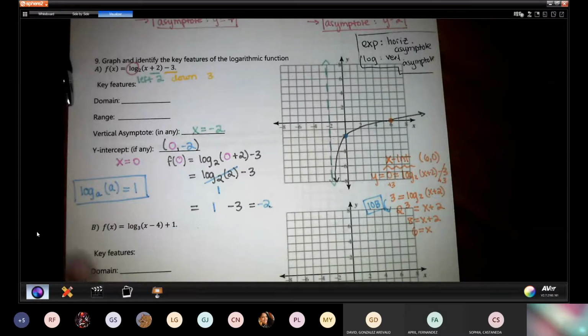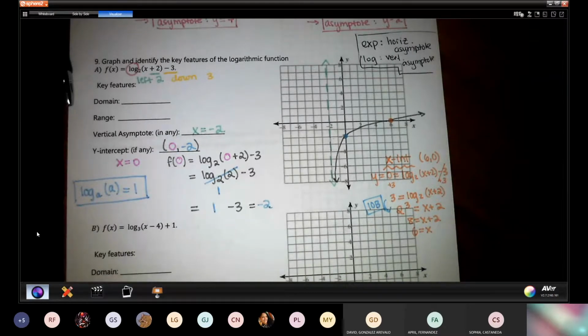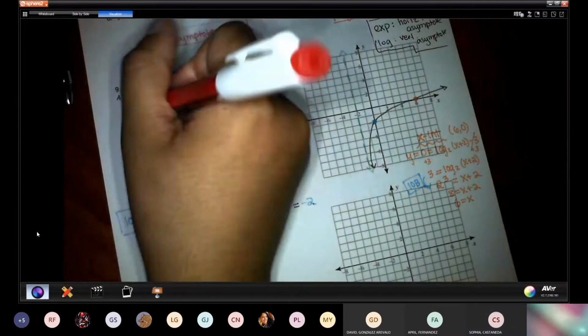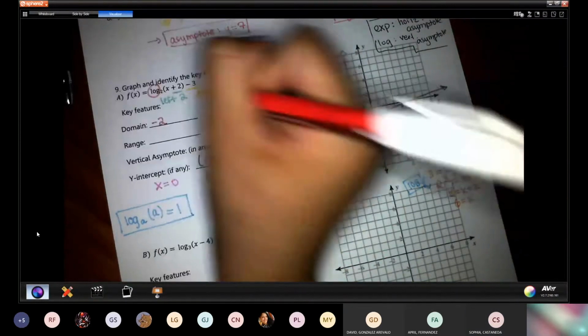Good. So from here, using this graph, let's do our domain. So what's our domain? What is our lowest x value? -2. Very good. All right, so -2. And does it ever touch -2?